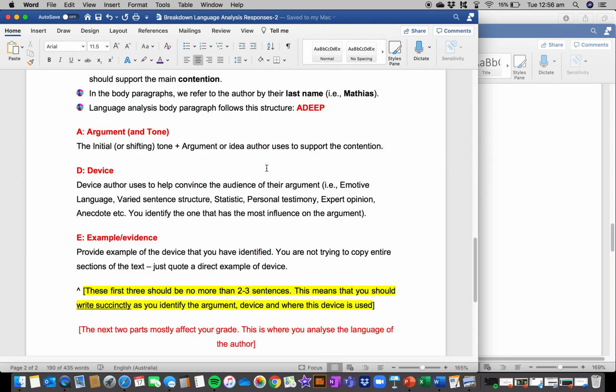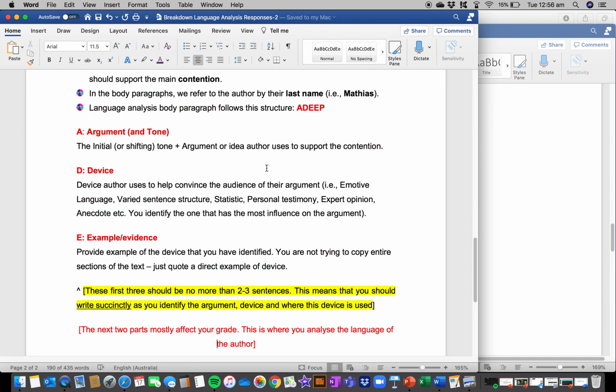Here are some ideas of what devices might be used: emotive language, varied sentence structure. So you might see a short and sharp, punchy sentence. That could be a device used to get your attention. The use of a statistic, okay? Data, personal testimony, so a personal story, expert opinion, and an anecdote.